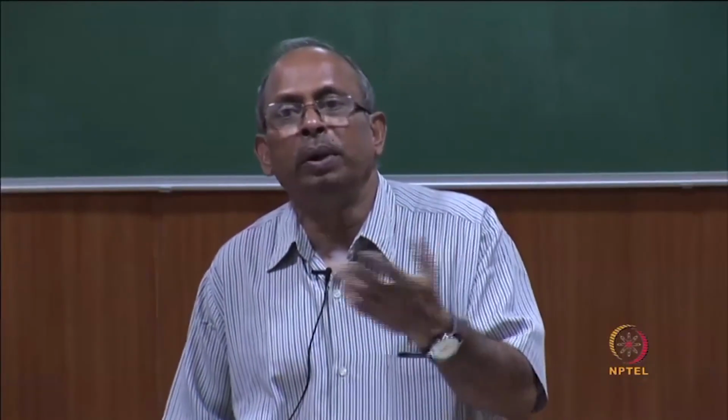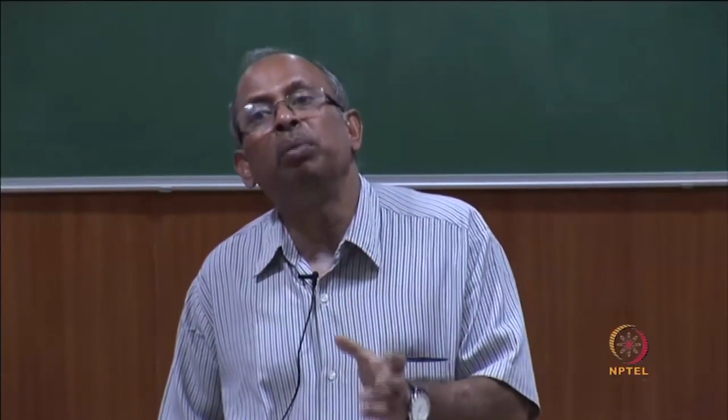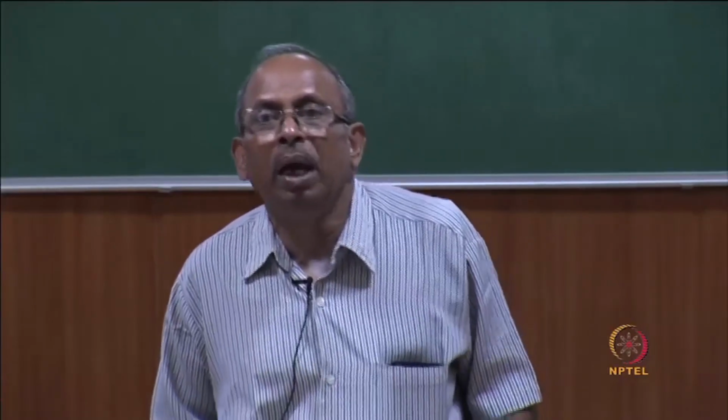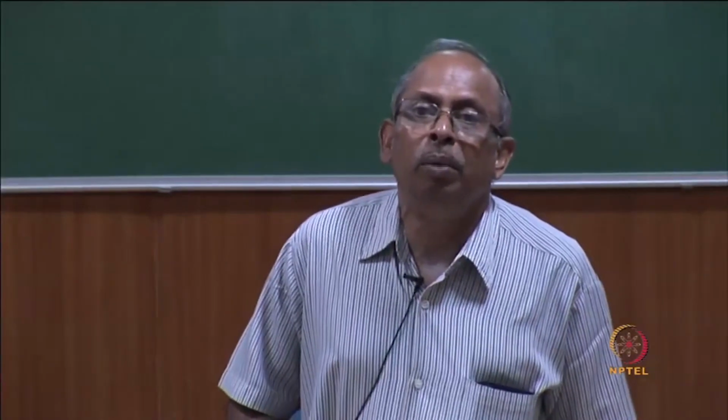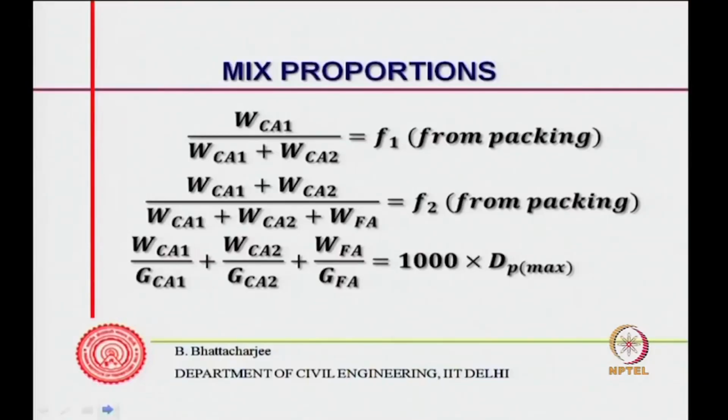I am talking of all these proportions in 1 meter cube, like we have done earlier, kg per meter cube content of aggregate system. So, I now have 3 more equations and 3 more unknowns, WCA1, WCA2 and WFA, the fine aggregate content, coarse aggregate content per meter cube of concrete and coarse aggregate 1 content per meter cube of concrete.